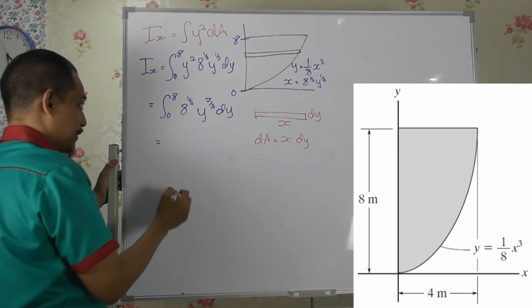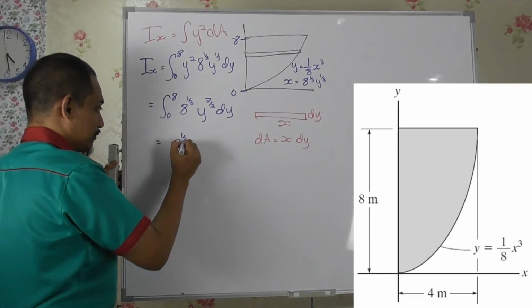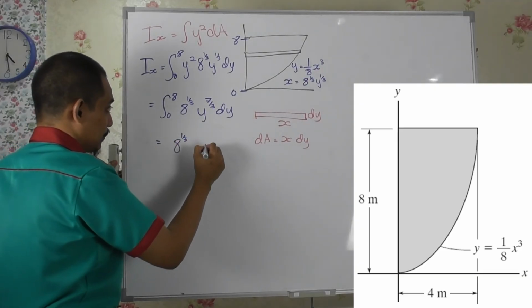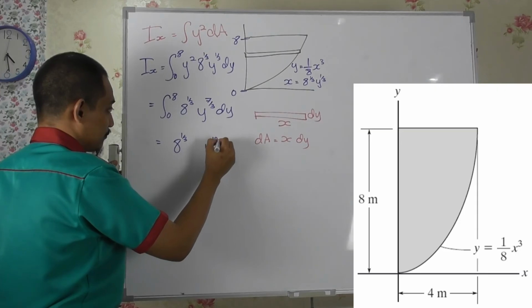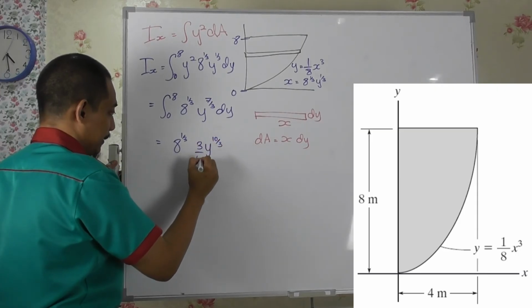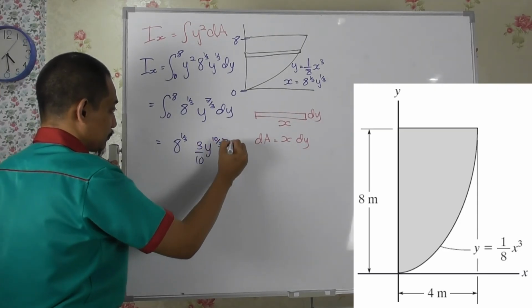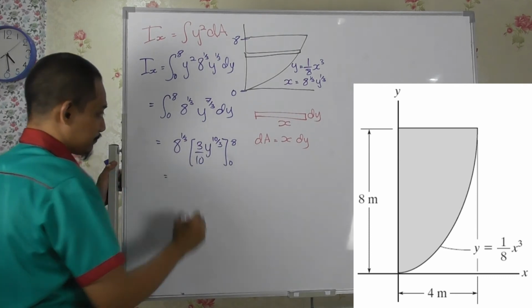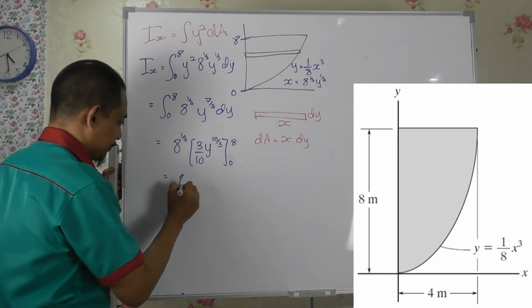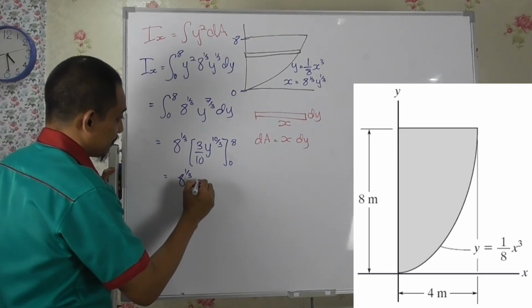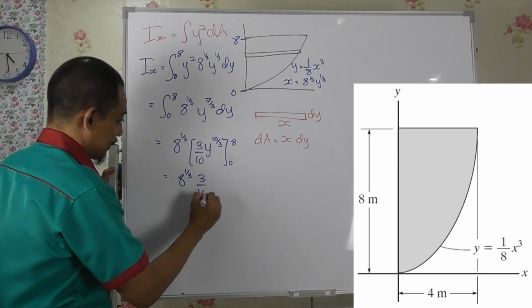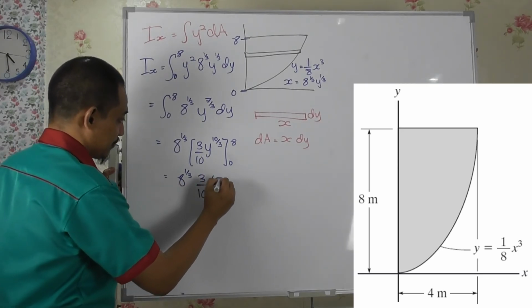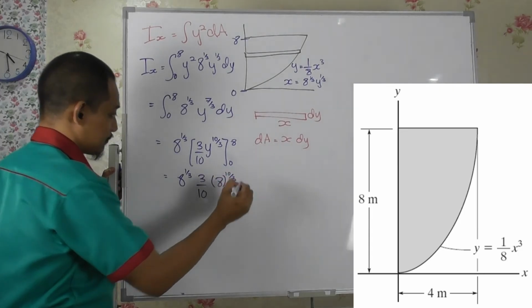If you integrate this one, 8 to the 1 over 3 stays outside, so this one becomes y to the 10 over 3, times 3 over 10 from 0 to 8. So this becomes 8 to the 1 over 3 multiplied by 3 over 10, and then 8 to the power of 10 over 3.